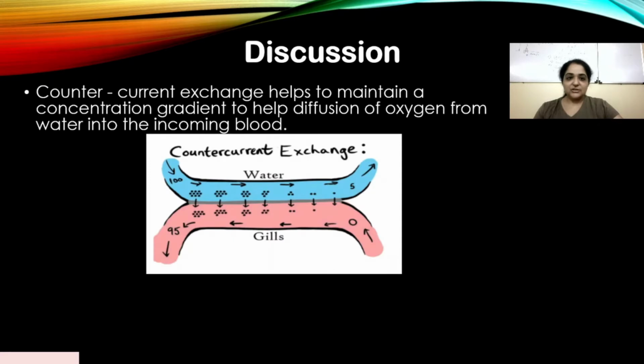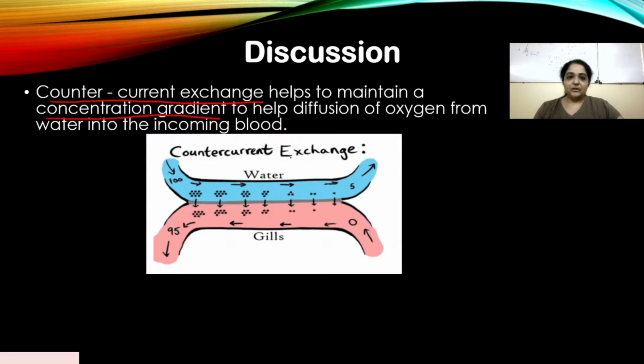Now in fishes, there is a mechanism called countercurrent exchange, and it helps to maintain a concentration gradient. A concentration gradient is maintained between the incoming water, here you can see, and the gills.